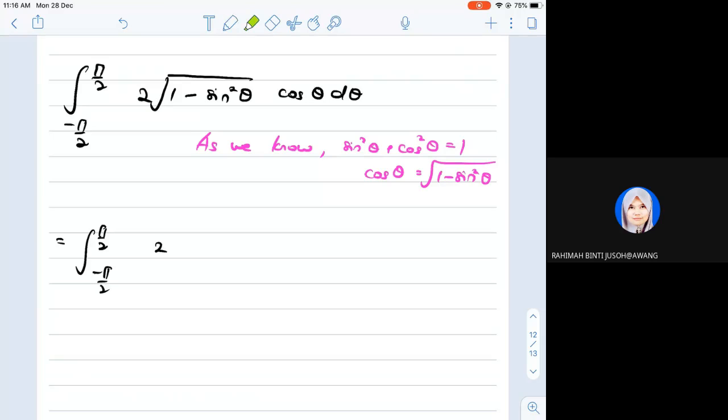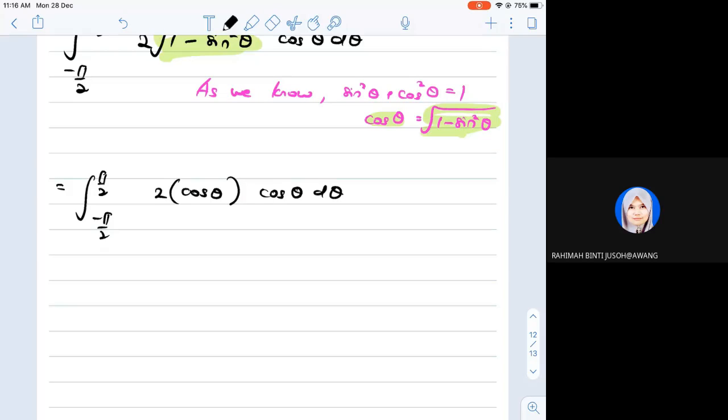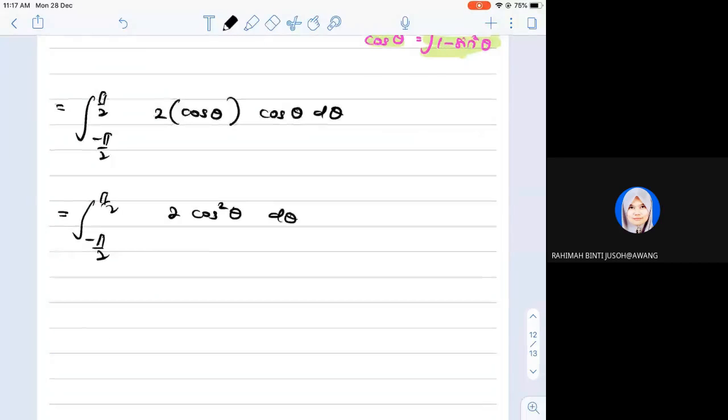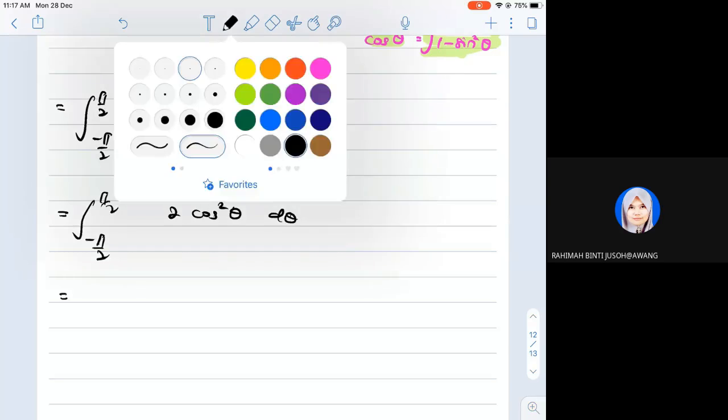So ni, the whole thing ni adalah ni kan. So dia akan jadi cos theta darab cos theta d theta. So bila kita darab, we will have 2 cos squared theta d theta. Lepas tu macam mana? Ini yang you all dah selalu guna ni.